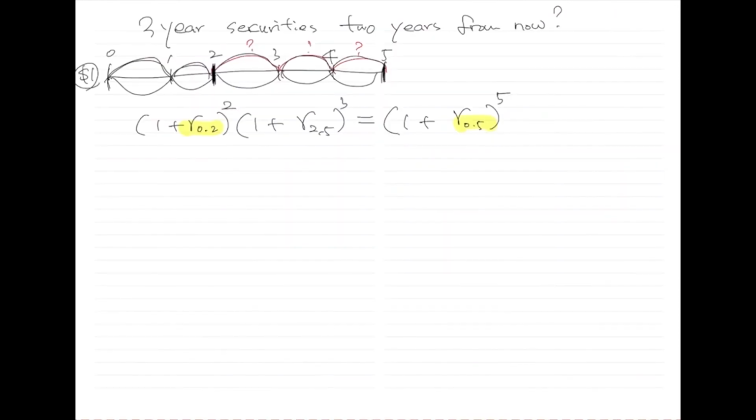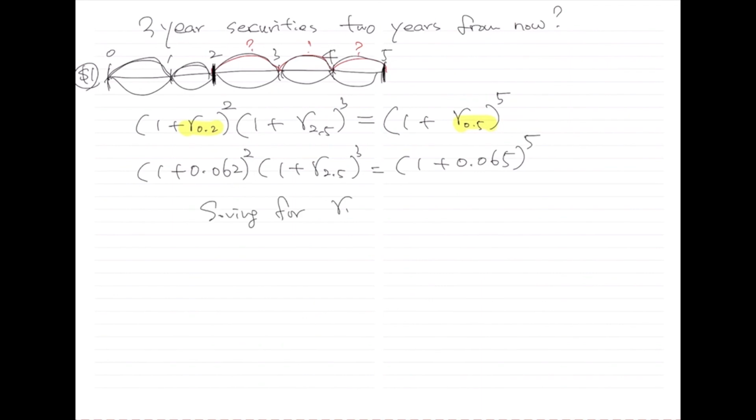So we can input the numbers. 1 plus 0.062 squared times 1 plus R25 to the power of 3 is equal to 1 plus 0.065 to the power of 5, and solving for R25 is the answer.